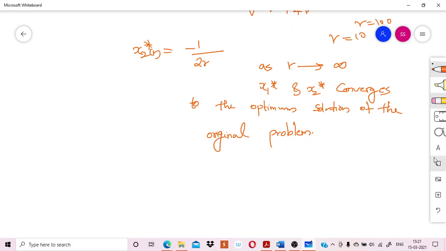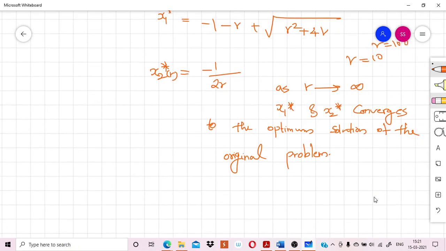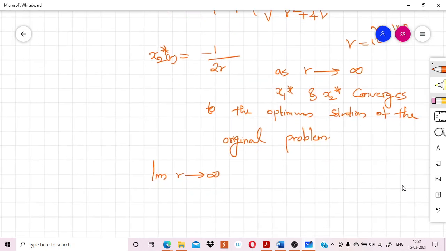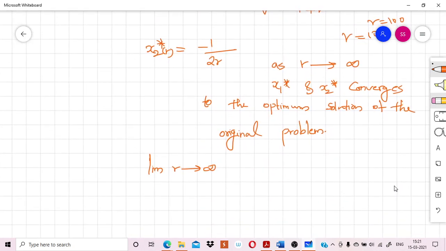So next, for the solution of x1 star and x2 star for the original problem, that is minimization of f of x1, x2 equal to 1 by 3 x1 plus 1 whole cube plus x2, if you apply the limit r tends to infinity, then you will get the final solution of the original problem.